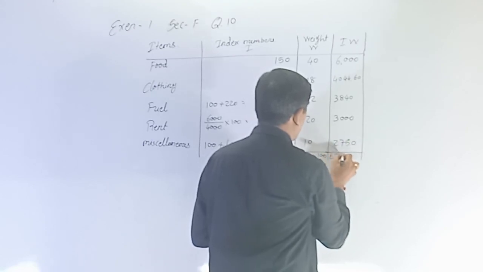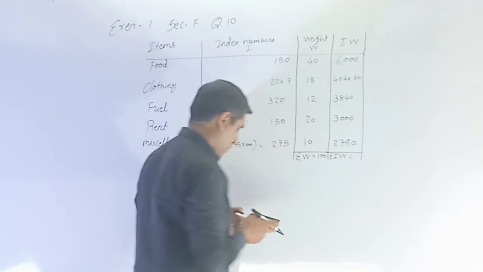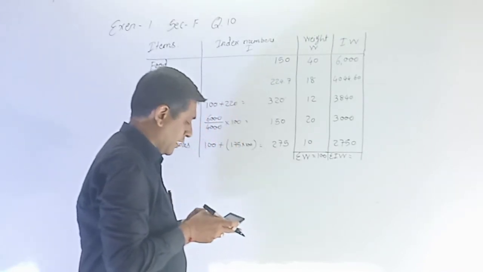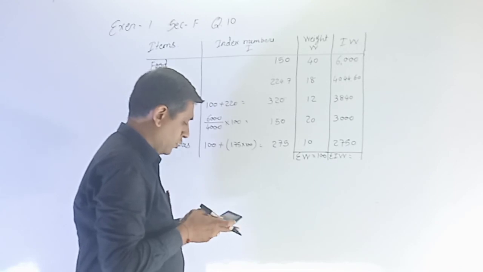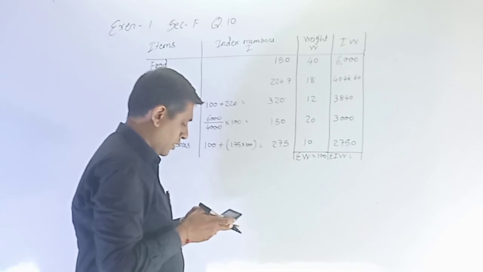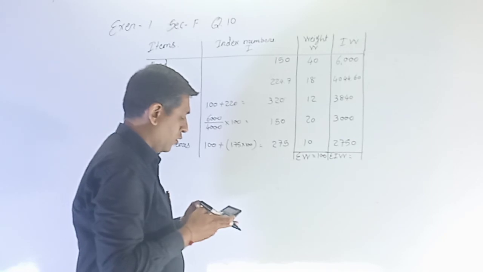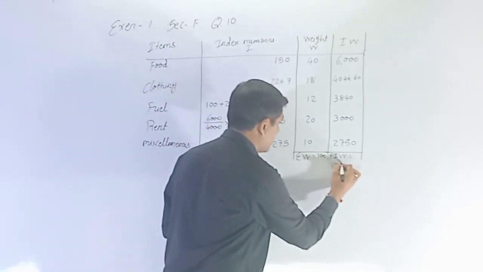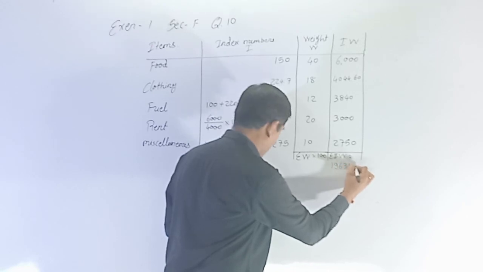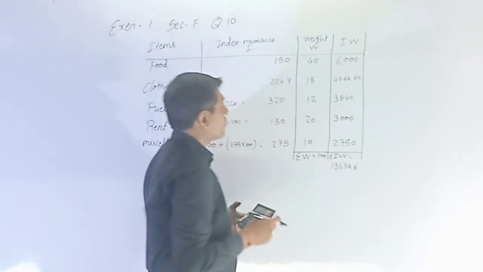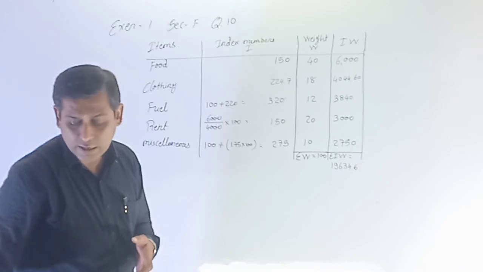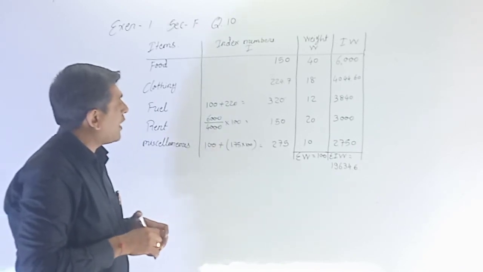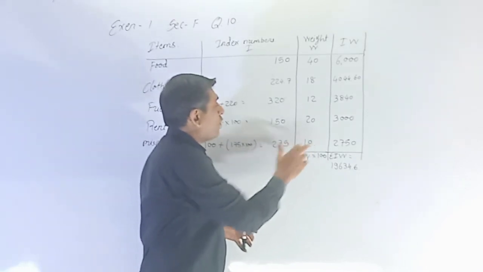So your sigma IW is equal to 6000 plus 4044.6 plus 3840 plus 3000 plus 2750. Your sigma IW is 19,634.6. See, the difficulty in this sum is only finding the index number as well as the weight of the last item.